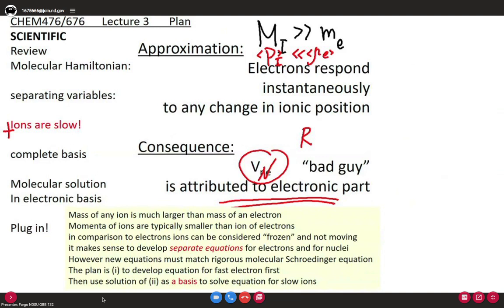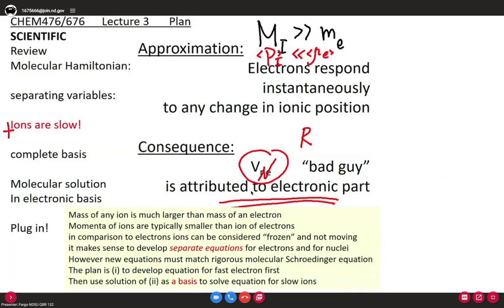Of course, they interact, but due to attraction between nuclei and electrons, the electron cloud distribution changes according to the change in the position of the nucleus instantaneously, if we take the point of view of an elephant of nuclear degrees of freedom. And this is the main idea behind the Born-Oppenheimer approximation.